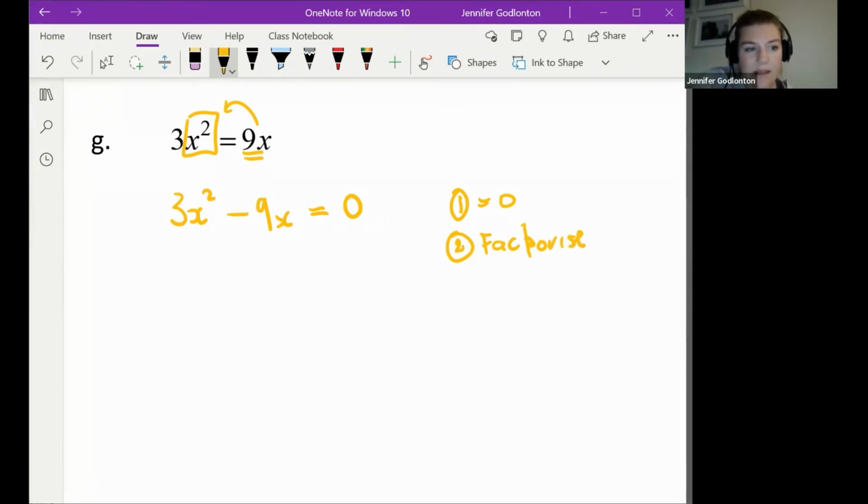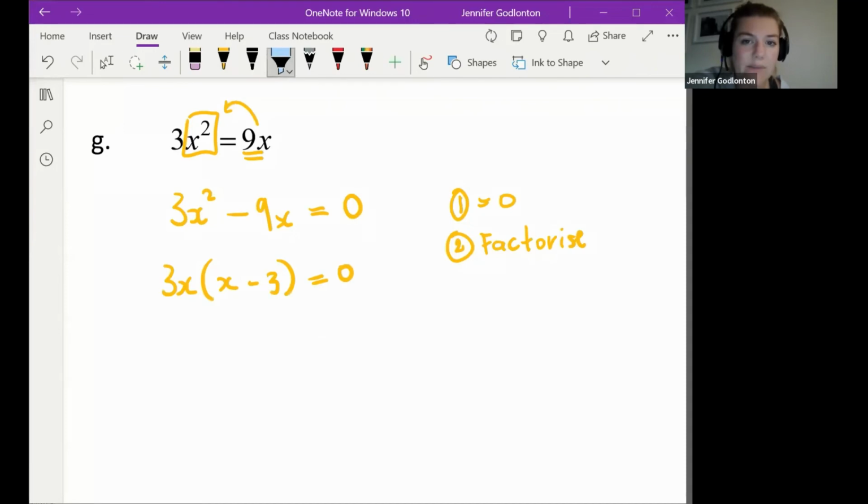In this one, it is a highest common factor. And what is my highest common factor? 3x. Good. You guys are smashing this. And I'd be left with x minus 3 is equal to 0.